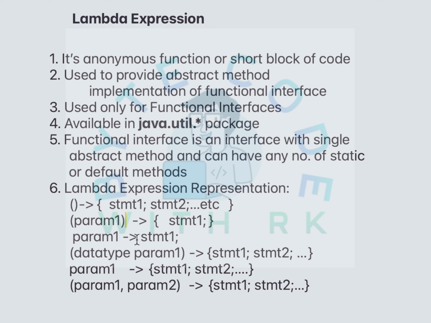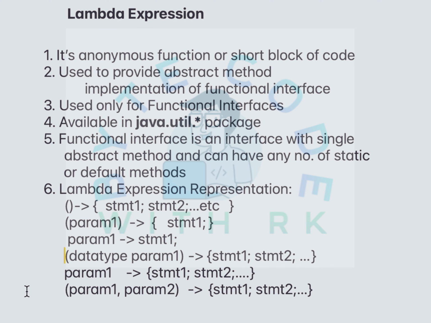Here I have written only the parameter without parentheses, followed by the arrow mark, and then a single statement, which means you can ignore the curly braces of the logic also. So these two are similar, and you can follow either way.